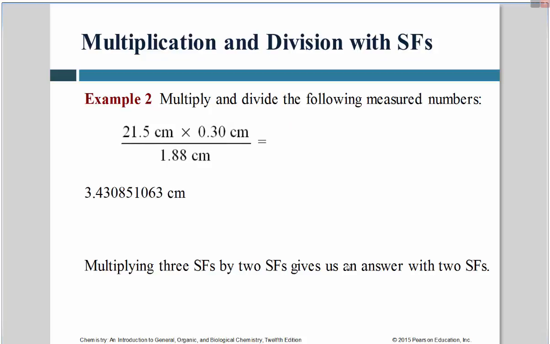So go ahead and put this in the calculator. 21.5 times 0.30 divided by 1.88. That gives you this really long number here. Remember, 2 is our fewest significant figures. Therefore, we're only going to take the first 2. So it's going to come out to be 3.4 centimeters.